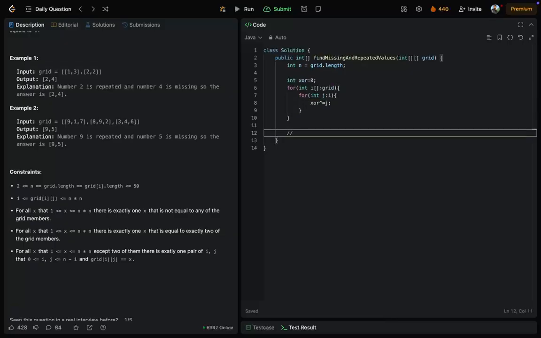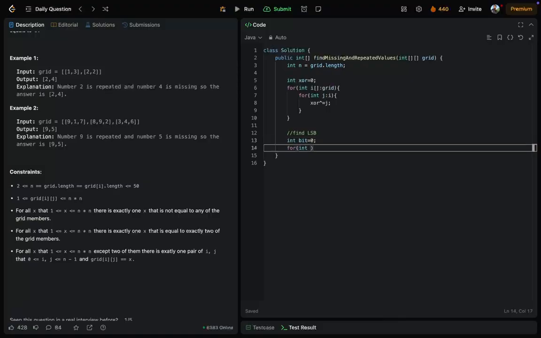Then we need to find the LSB. So let's say we need to find our bit number. This is 0 initially. Then our bits iterate till 32.